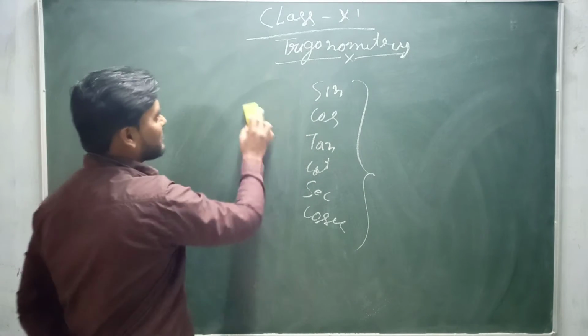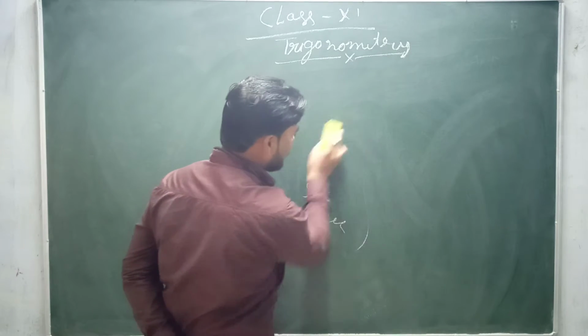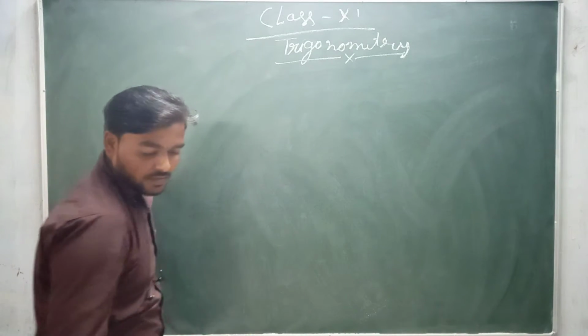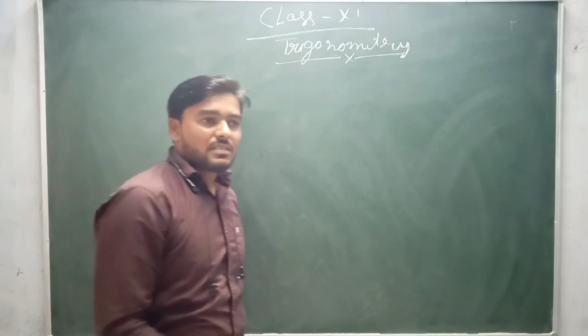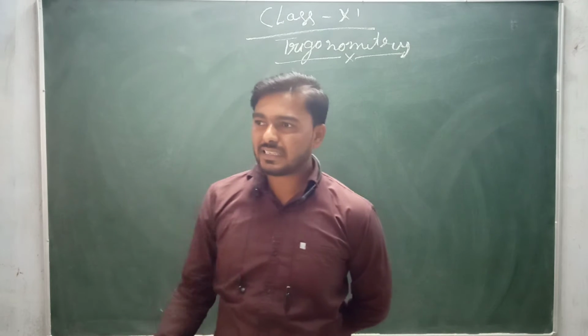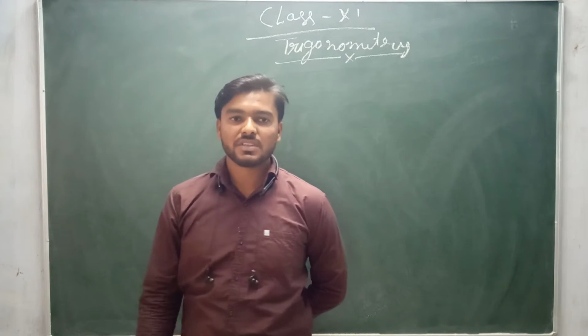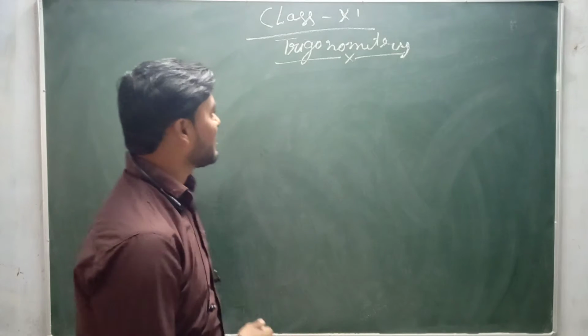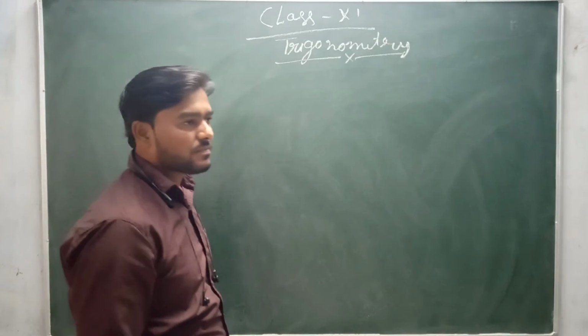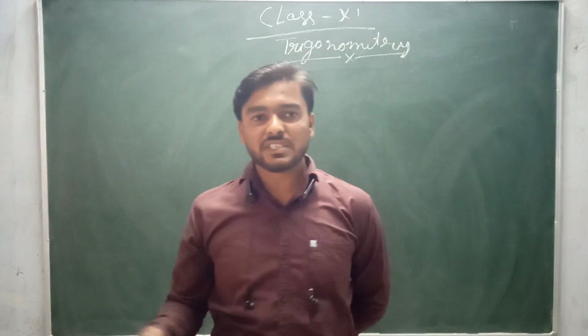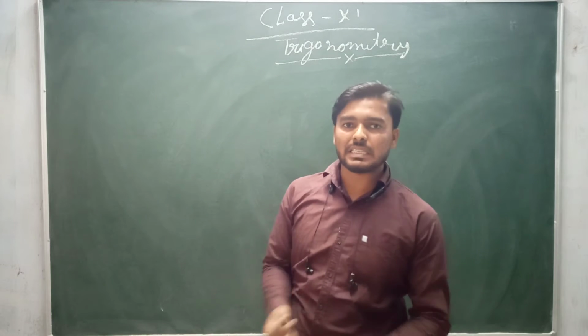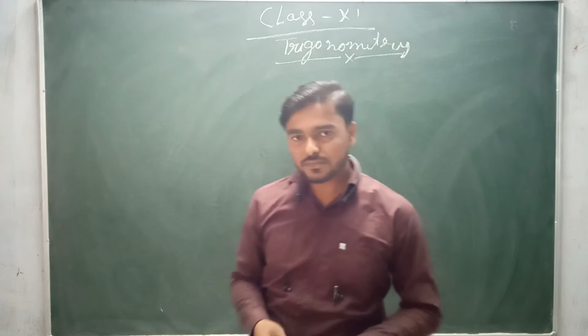Now, there are some words in trigonometry. Let's take degree and radian, in which the angle is measured. Then the question first comes: what is a degree?